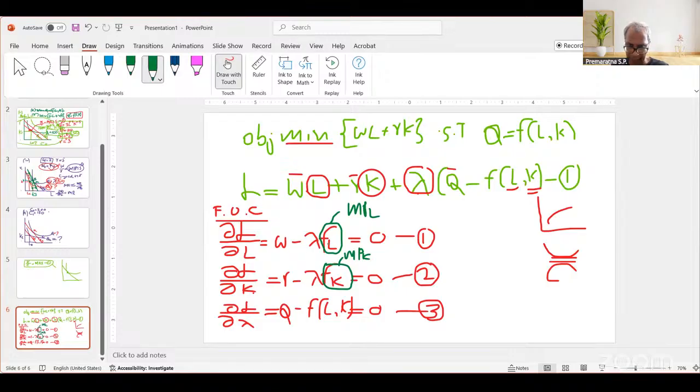Now look at equation number 1 divided by equation number 2, and what you get is W divided by R equals the marginal product of labor divided by the marginal product of capital.